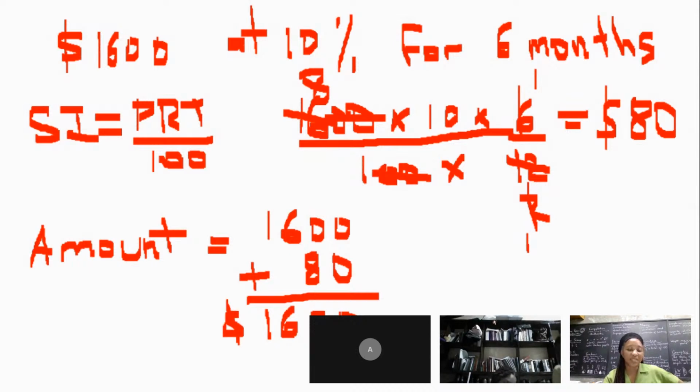All right, now sometimes what they might ask you also is how much would the person pay per month? So in the case of that, how would we approach that?